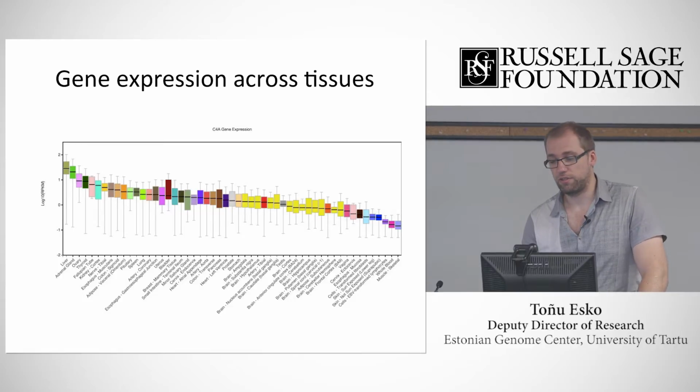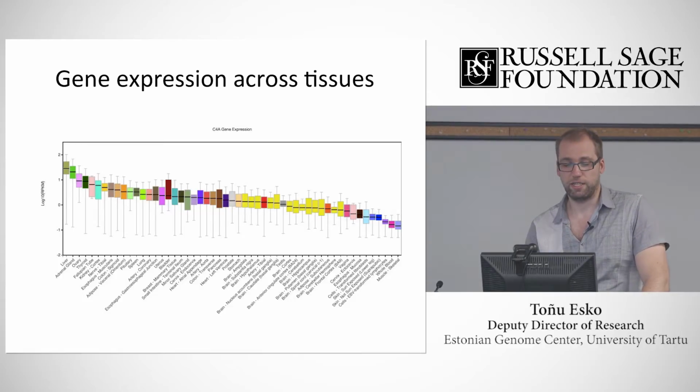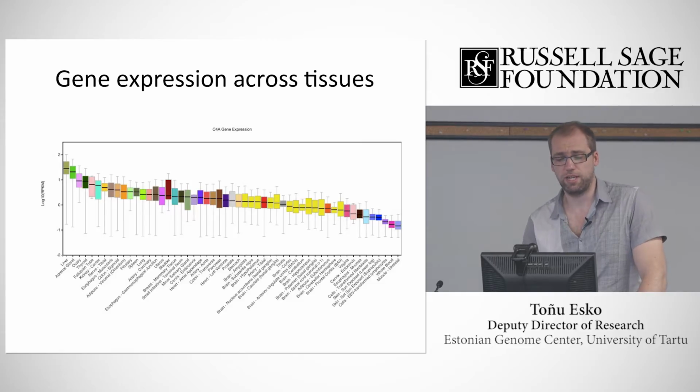And here, across the different tissues, we have liver, starting from the left, and adrenal glands and ovary, for example, and then we end with skeletal muscle and blood and lymphocytes.